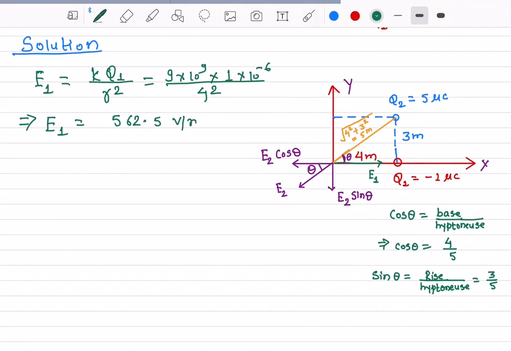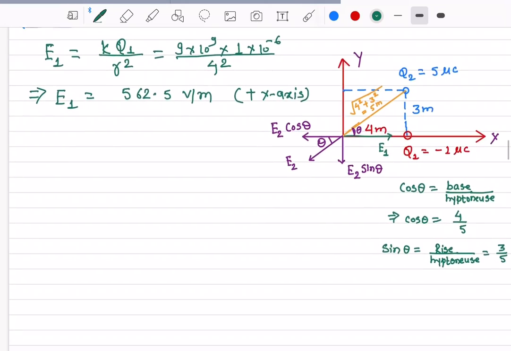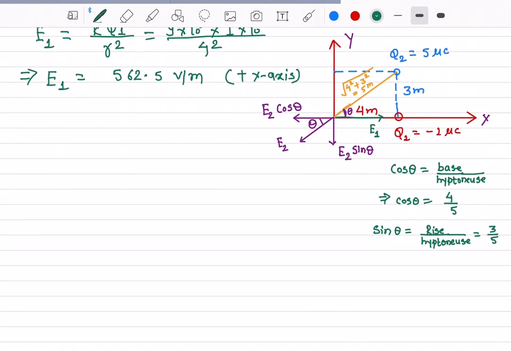If we plug in all the values, we get 562.5 volt per meter, and the direction is the positive x-axis. Okay, now let's find the magnitude of E2. E2 will again be given by K Q2 over R squared.